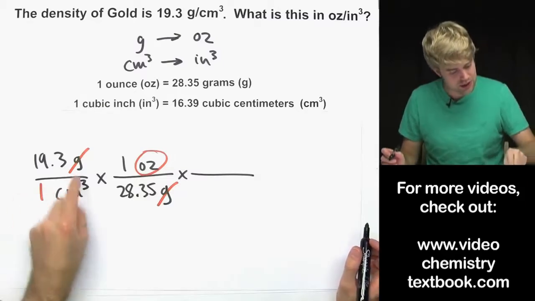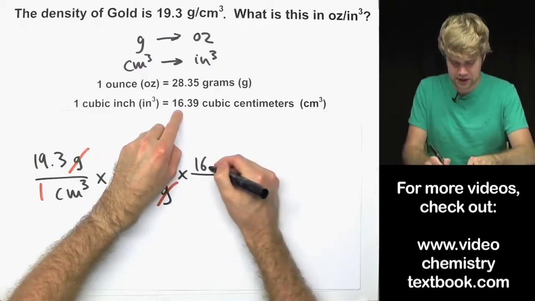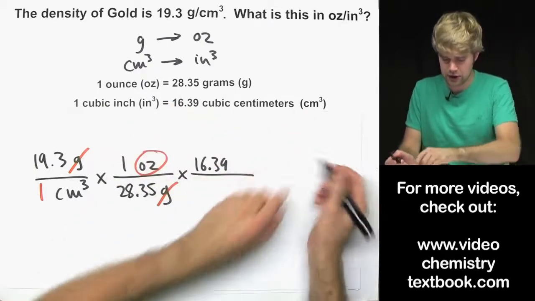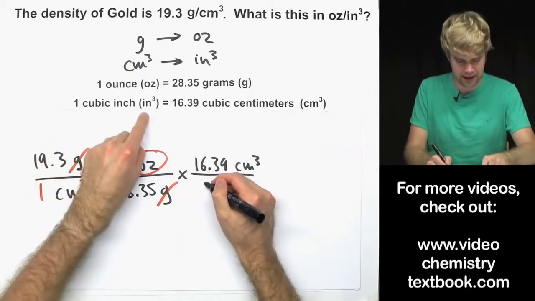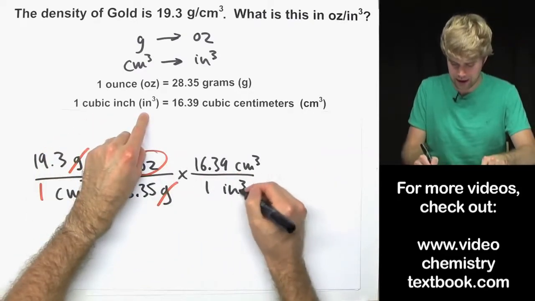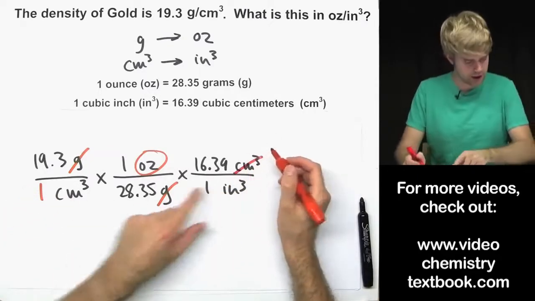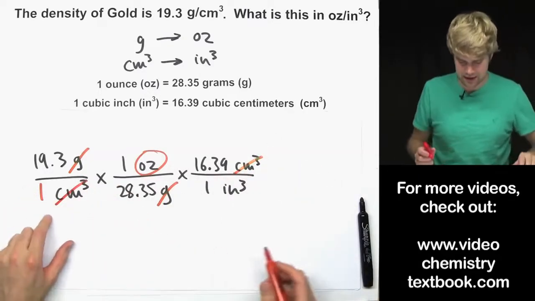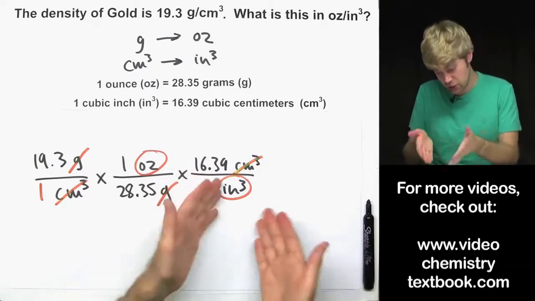Okay, so cubic centimeters on the bottom here, I'm going to put 16.39 cubic centimeters on the top over here, and then I'm going to have 1 cubic inch on the bottom here. So from all the way away, cubic centimeters up here are going to cancel out cubic centimeters down here, and I'm left with, I'm sorry, cubic inches on the bottom.